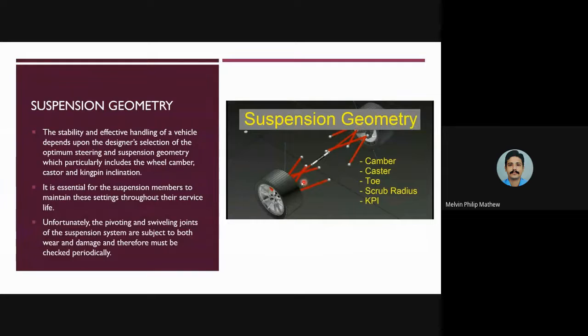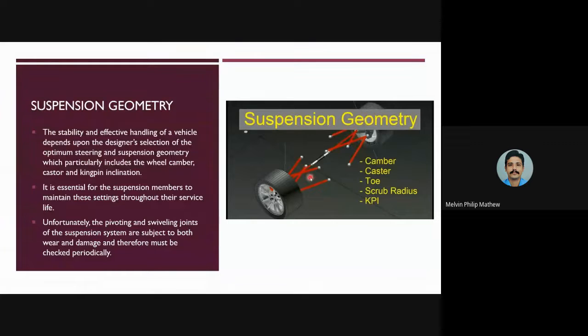For that purpose it is machined and produced as a single unit, and it is a sturdy material. But despite that sturdiness, when we are traveling on a road, there will be unlevel terrains and even dips and humps over the road surface.